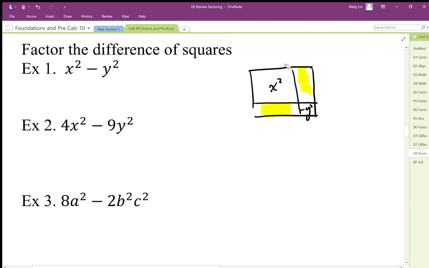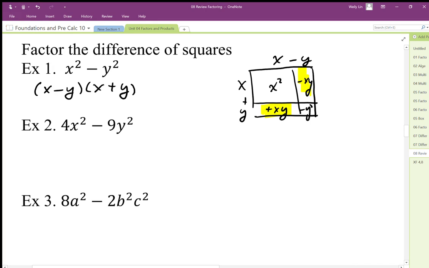To do that, we need a symmetrical length along here and here, but symmetrical and opposite. So to get that, we know that we have to have x times x gives us x squared. If we have minus here, plus here, we have the positive xy and the negative xy that cancel out. And so factoring then becomes our conjugate pairs.